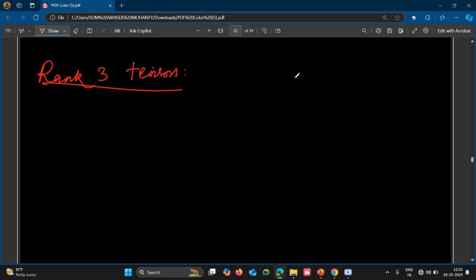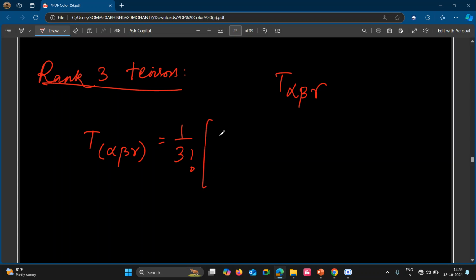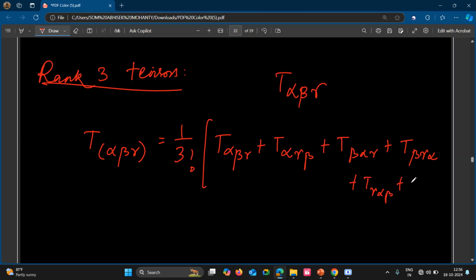Suppose a covariant tensor, I will take rank 3, that is T alpha beta gamma. This is rank 3; three kinds of indices are there. So for T alpha beta gamma, the symmetric part will be what? Let me write 1 by 3 factorial, remember it, and all the possible combinations: T alpha beta gamma plus T alpha gamma beta plus T beta alpha gamma plus T beta gamma alpha plus T gamma alpha beta plus T gamma beta alpha.